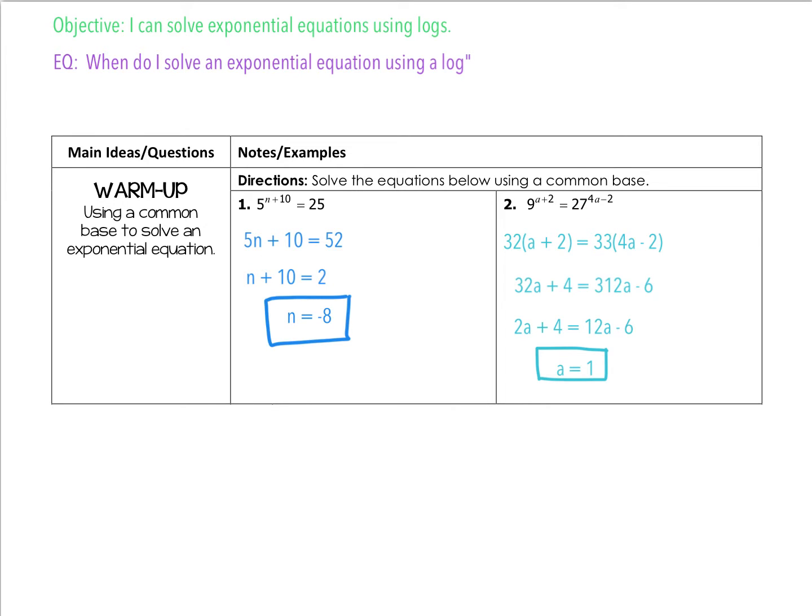I'm going to multiply whatever the exponent is times the exponent of my new base. So I end up with 2 times the a plus 2 that was up there, because I rewrote the base as 3 squared. And then over here I'm going to have 3 times the exponent that was already up there. Then I simply distribute and simplify, and now that they have the same bases, I set the exponents equal to each other, and when I solve them out, I get a equals 1.